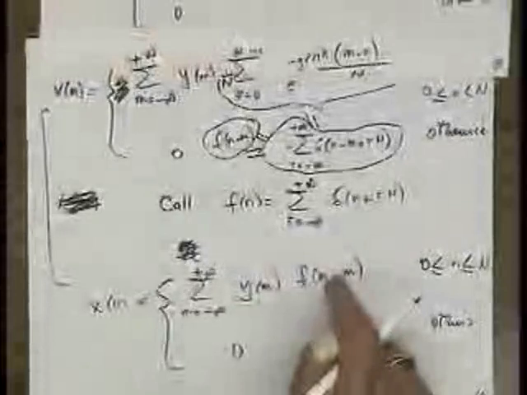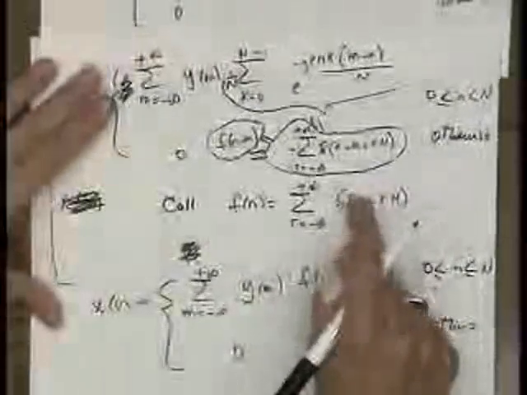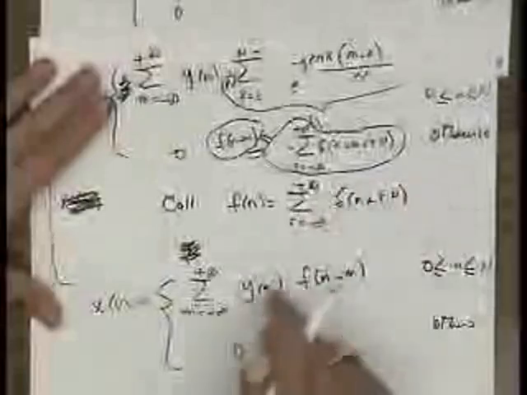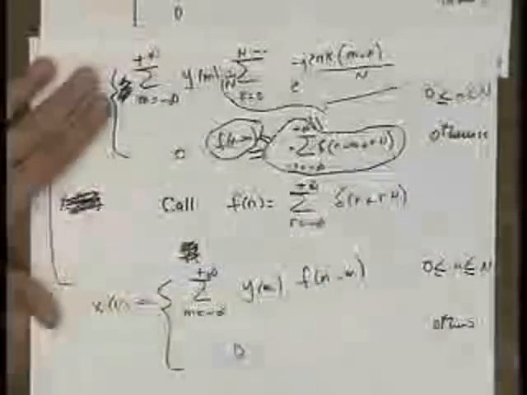And what is this thing? That's the convolution of y with this train of delta functions, right? This equation here is nothing but linear convolution of y with this train of delta functions. So what happens if I have a periodic train of delta functions and convolve with y of m? y of n just gets repeated with the period of this delta function, which is n.